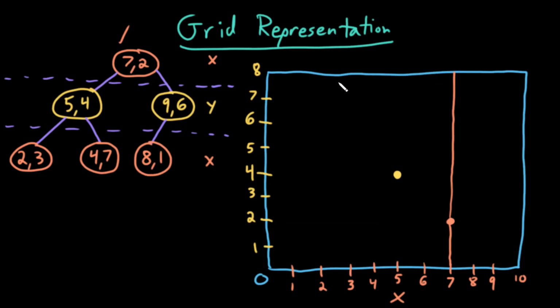So I'm partitioning this dimension. So this would be a line up to this point because I must be less than 7. So I must be on this side of the line. But now this is a division, a partition of y equals 4. Things that are greater than y equals 4 or things that are less than y equals 4, given that they were less than x equals 7.